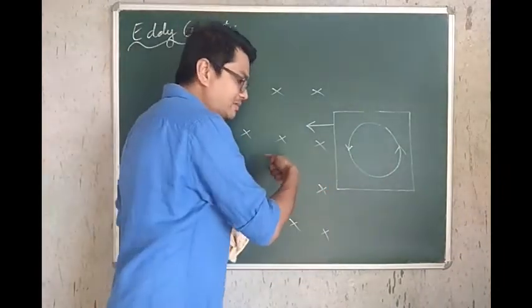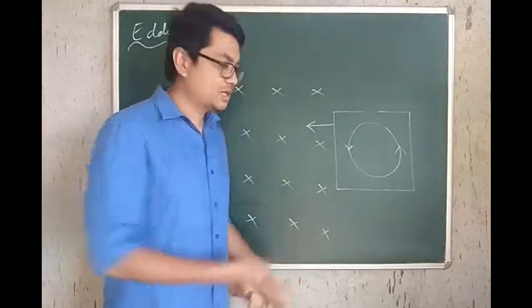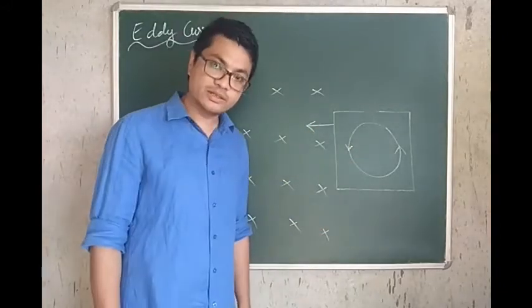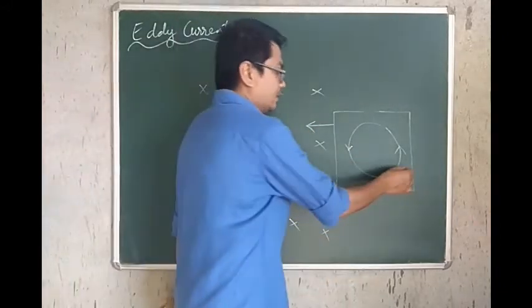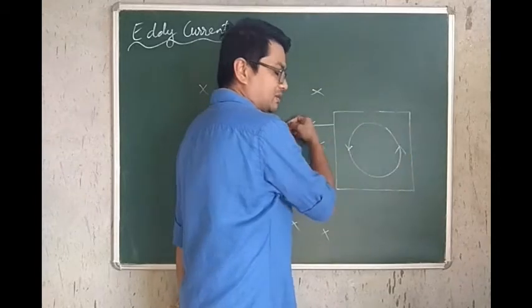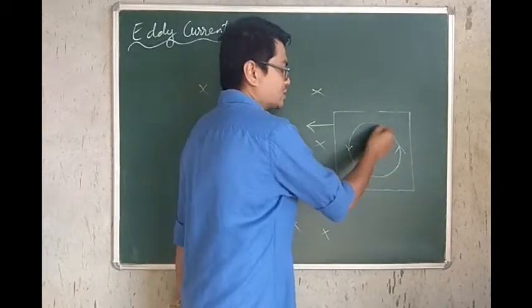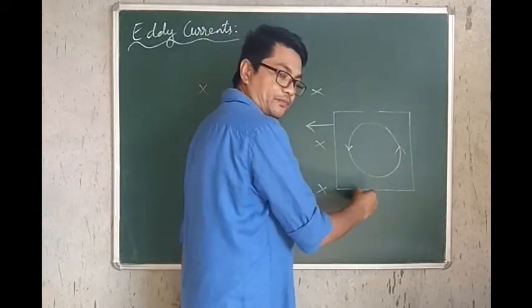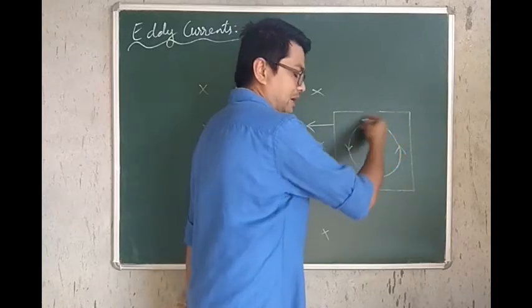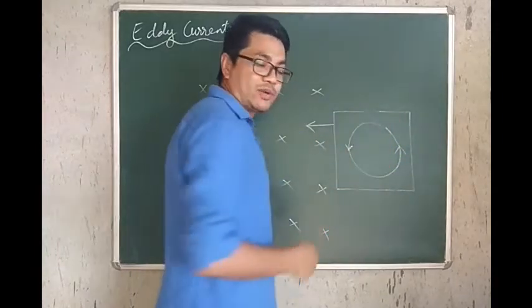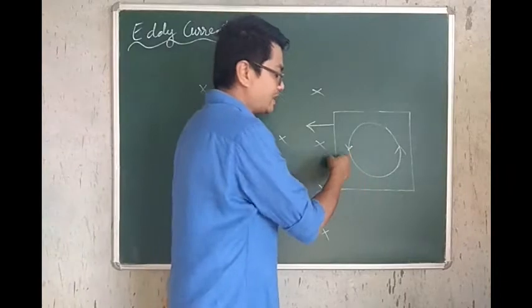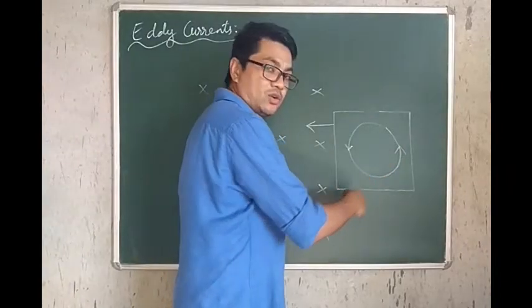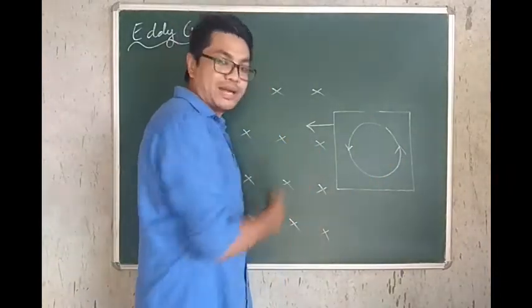So the increase in magnetic flux is the cause producing the induced current. So, when we are trying to bring the metallic plate into the magnetic field, the direction of current will be this, flowing in the anti-clockwise sense, such that the current wants to decrease the magnetic field.